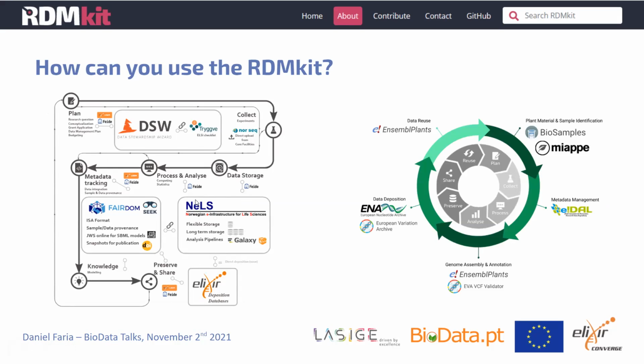And so all these are put together in a ready-to-use environment. In the case of the plants, it's more a collection of resources that are usable in tandem, but not really put together in a single place. But it's also a suite of things you should use across the life cycle to ensure that plant data is fair.